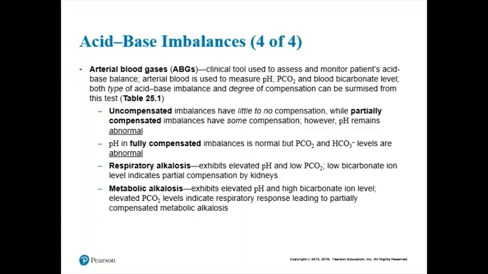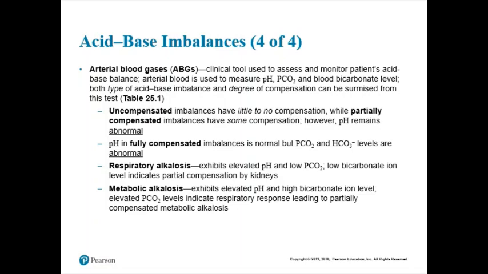When I check your arterial blood gases, I'm checking the blood in your arteries to measure your pH, how much acid, your carbon dioxide levels, your partial pressures of carbon dioxide levels, as well as your bicarbonate levels. And by looking at those three major things, I could tell what type of problem is going on, what type of imbalance. Is it an acidosis or alkalosis? And I could see if there's also compensation.